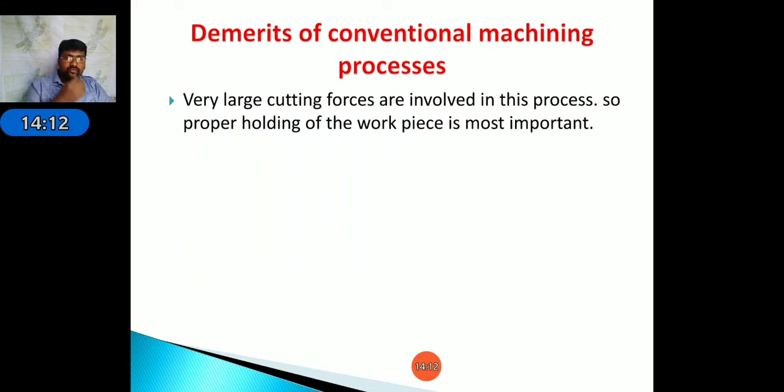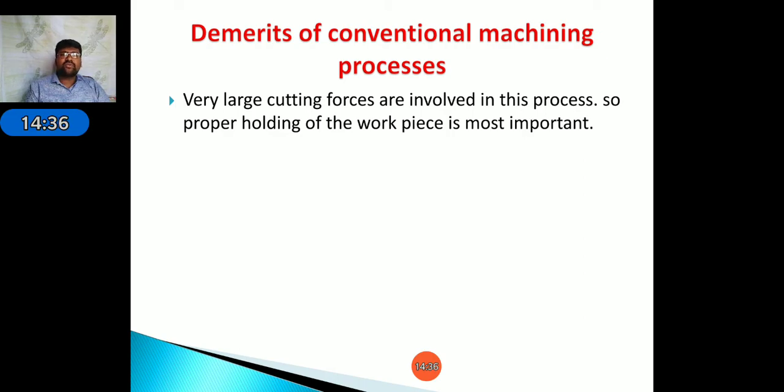Next, very large cutting forces are involved in this process, so proper holding of the workpiece is most important. During the application of machining tools, we have to place the workpiece in a holding device. For example, in a lathe we use a chuck.